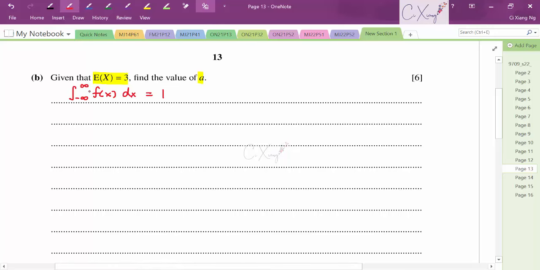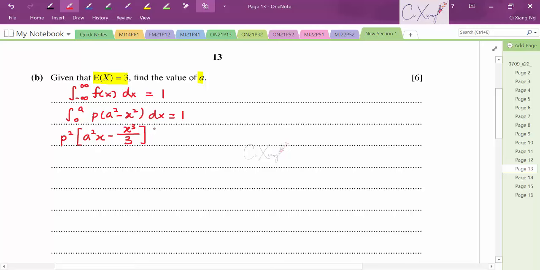The integration will be integrate from 0 until a for the function p(a squared minus x squared) dx, and I let it equal to 1. p is a constant, therefore I just copy it, and then a squared, just copy, integration will become a squared x minus x power 3 divided by 3, sorry, not 3 factorial.